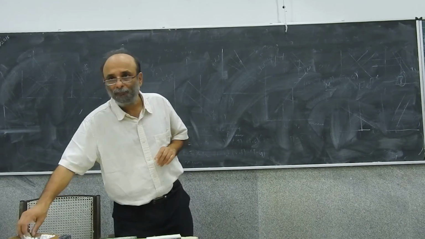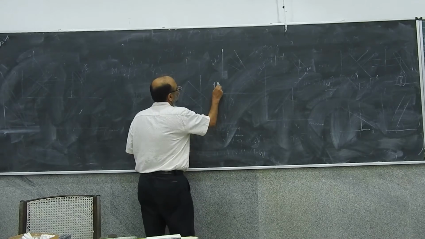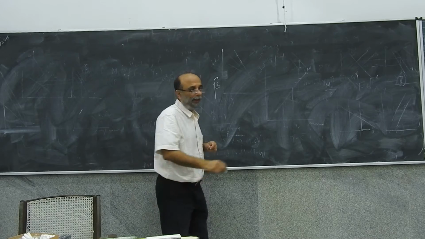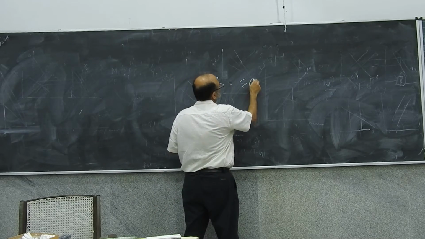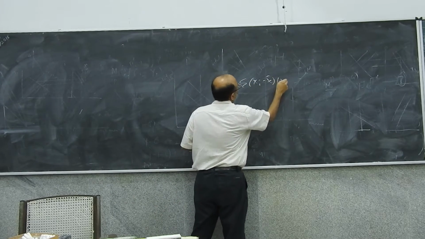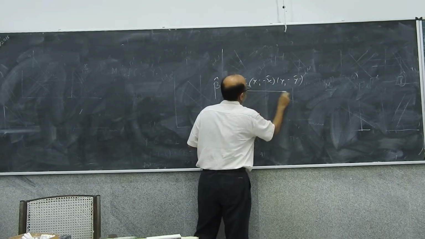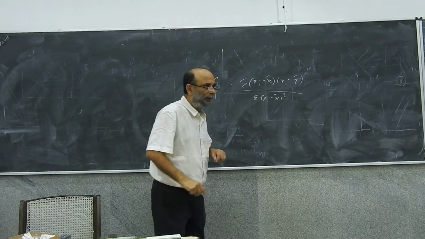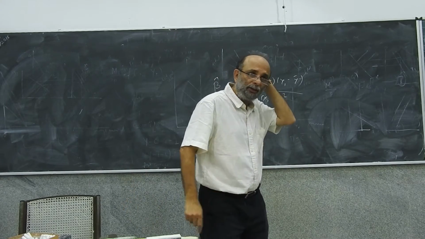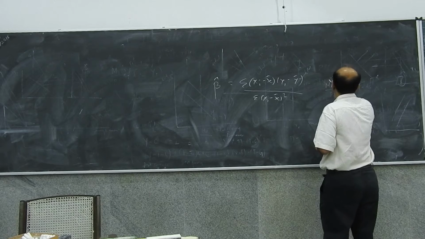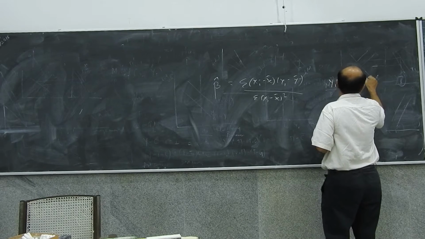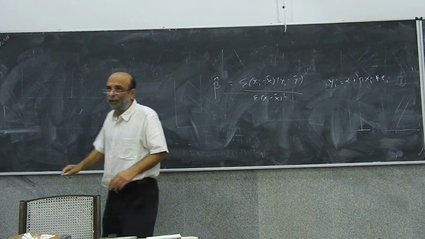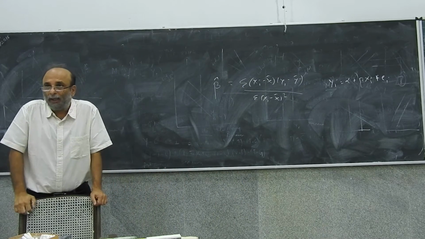Because you know that beta hat is equal to summation, in a simple linear regression where you have yi is equal to alpha plus beta xi plus ei.